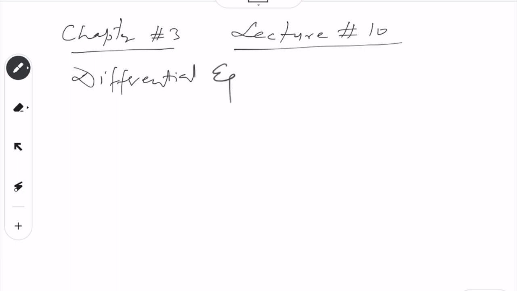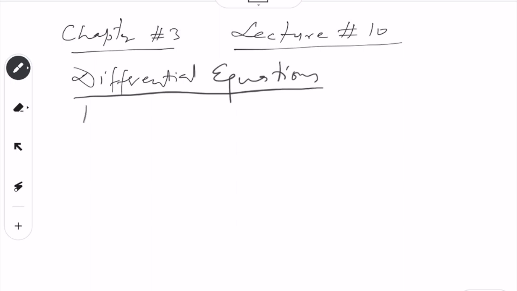So, differential equations, we will first derive it, and then we are going to solve it. Okay. So, let us start with the stress analysis or elasticity.